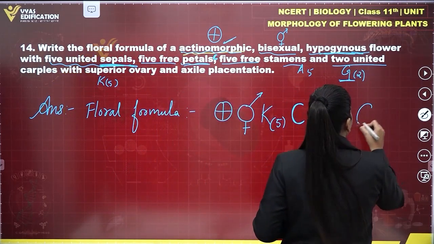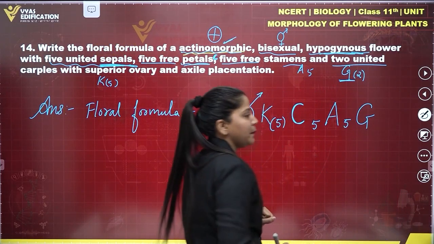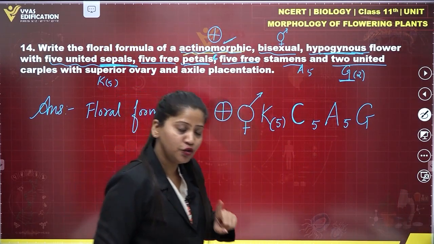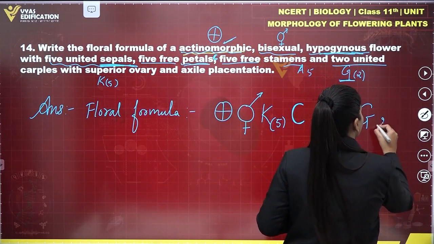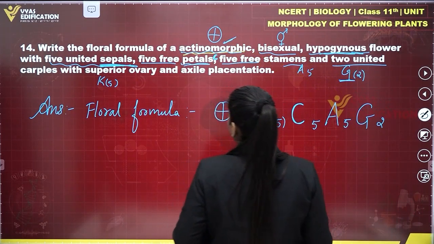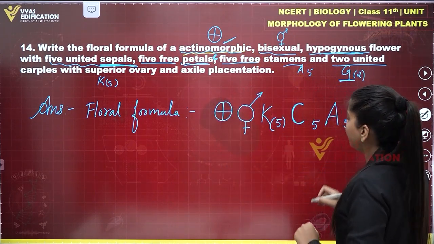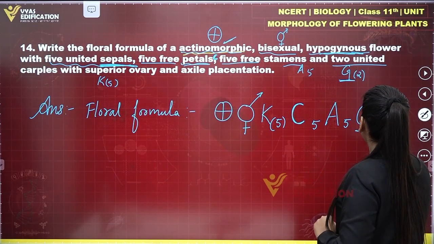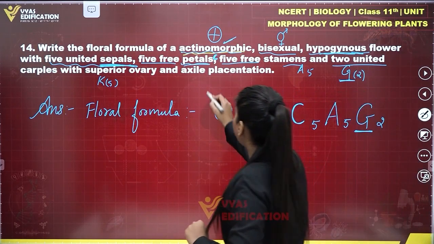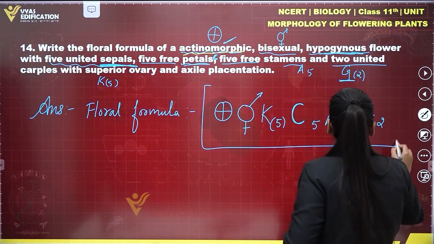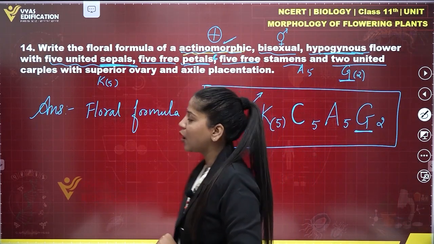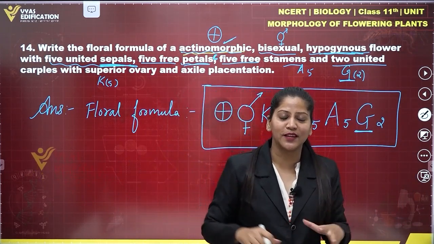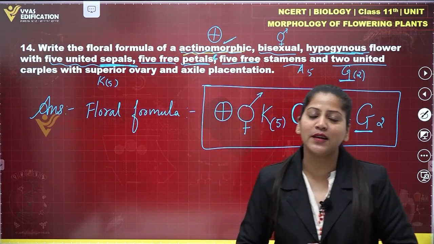Last we have the gynoecium, that means carpels or pistil, which are 2 in number. So we are going to write 2, and they have a superior ovary, so we'll underline this. This is the complete floral formula according to this question, and with this we have completed the solution for this question.